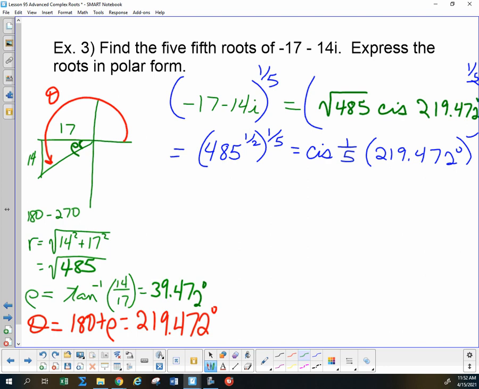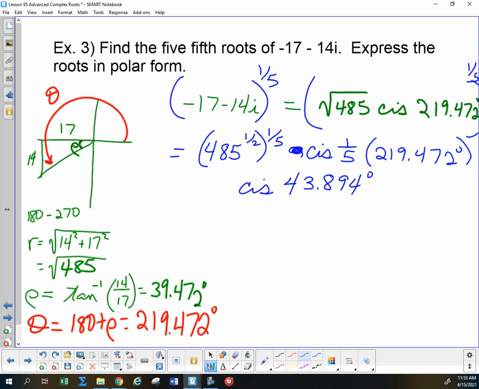And Reagan, do you have that already? Didn't need an equal sign in there, sorry about that. So 43.894 degrees is what we're taking cis of for the first one. Thumbs up, everybody getting that?